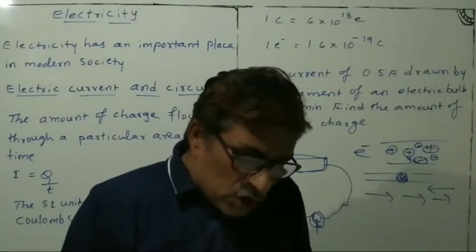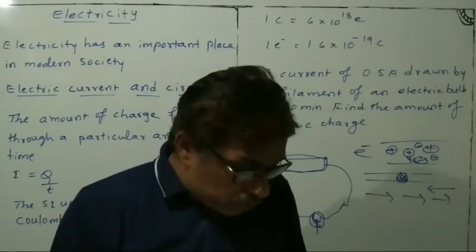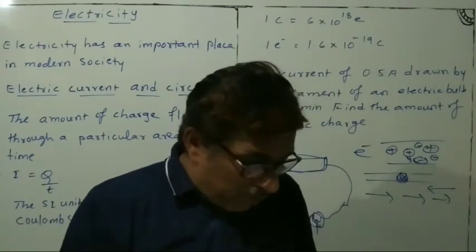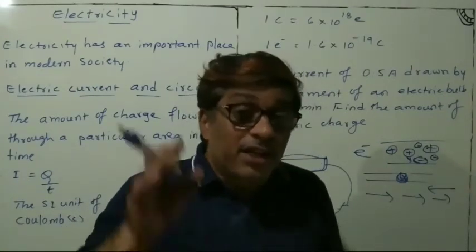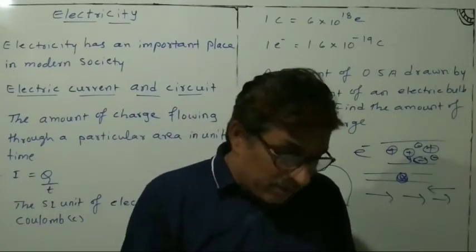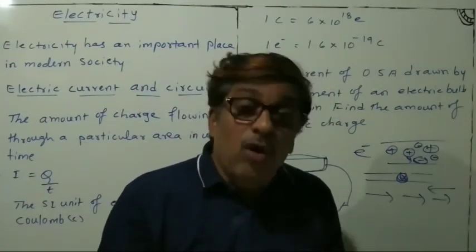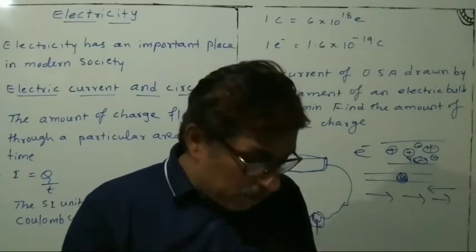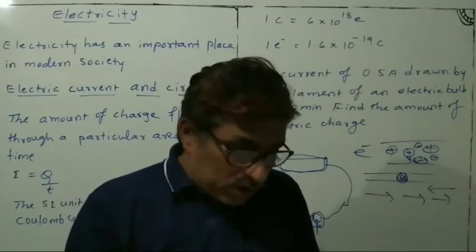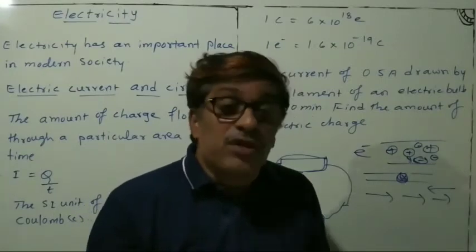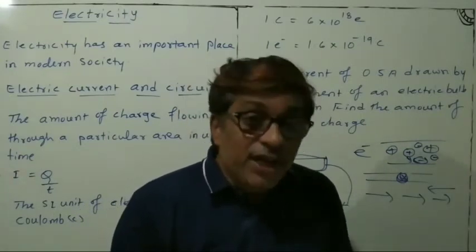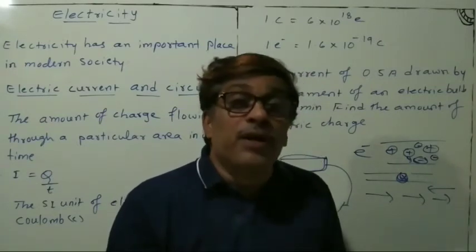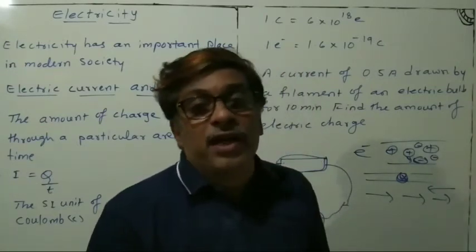So in circuits using metallic wires, electrons constitute the flow of charges. However, electrons were not known at the time. Electrons were not discovered when the phenomenon of electricity was first observed. So electric current was considered to be the flow of positive charges, and the direction of flow of positive charges was taken to be the direction of the electric current.